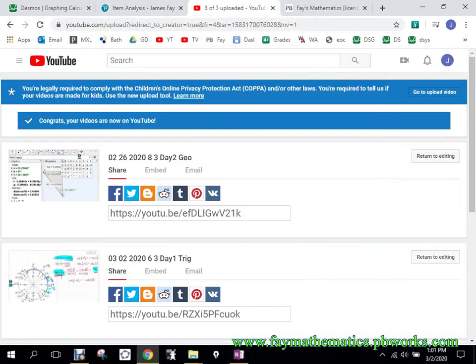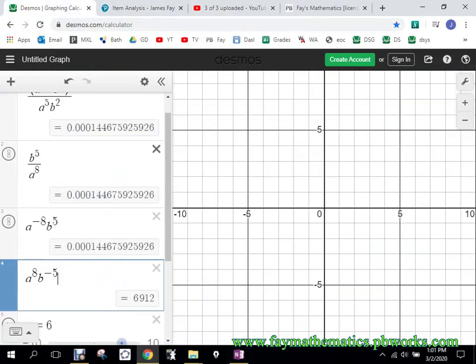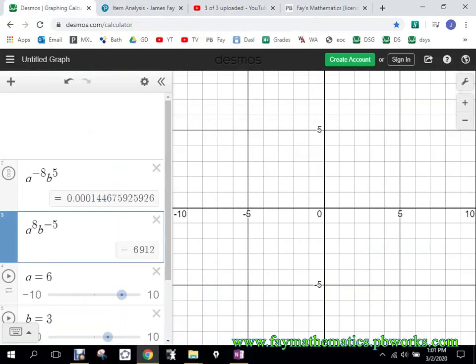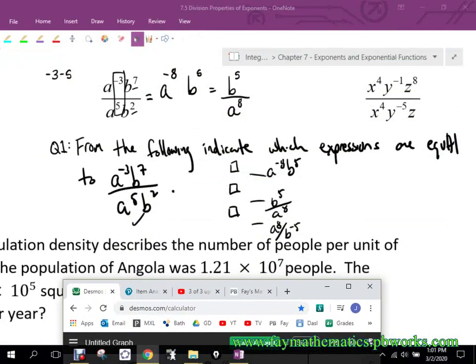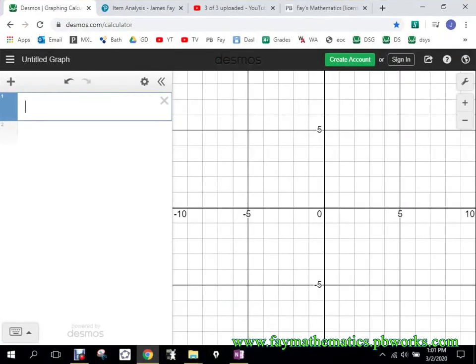And this is just my suggestion to you: if you know your properties real well, this might not be a hard question to decide which ones of the 6 are equivalent to this. But this is what I would do.